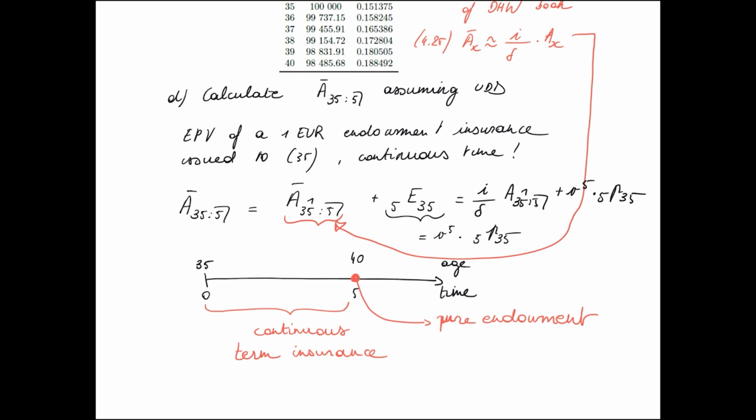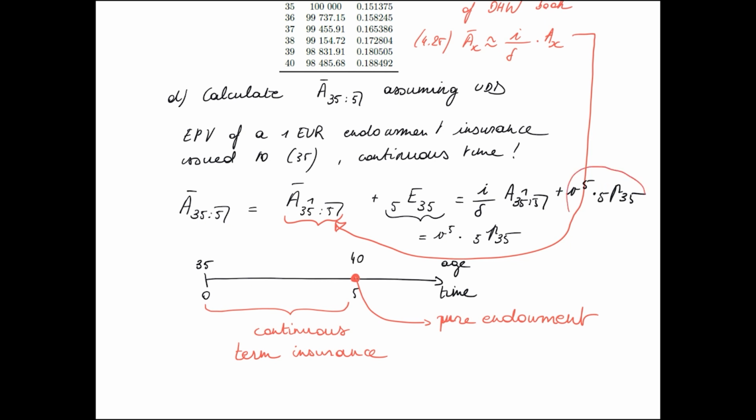I already calculated this term in part B of my exercise. I know what the i is, that's 0.06. I should figure out what the delta is, and for this pure endowment, this is what I calculated in part A of my exercise.